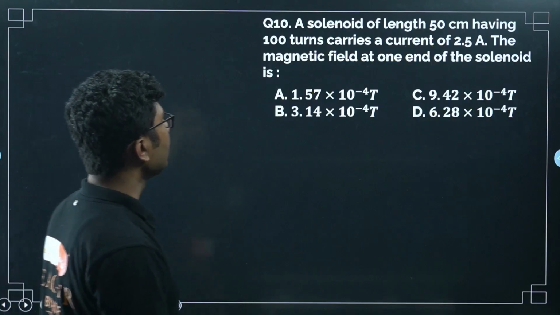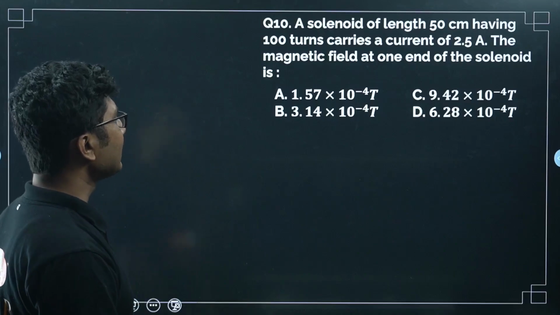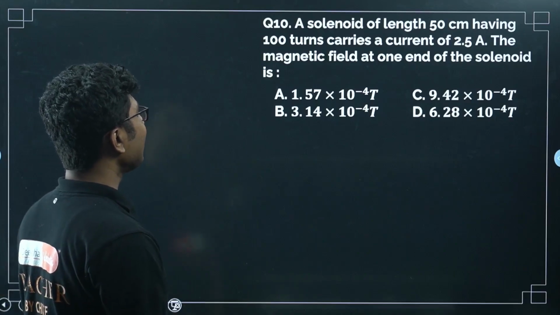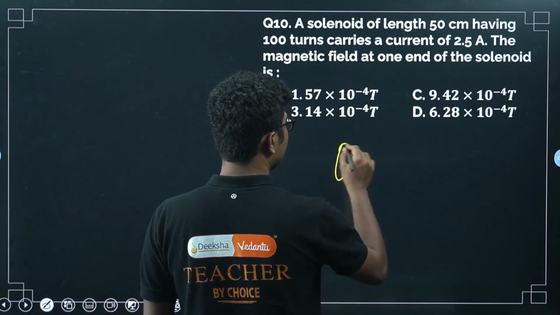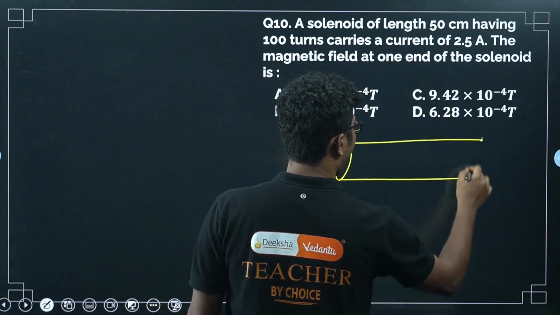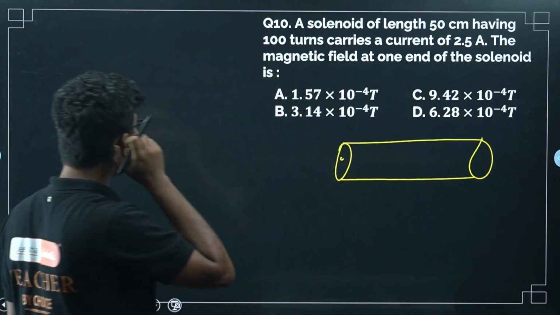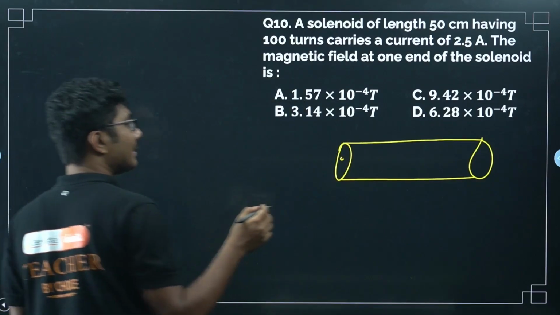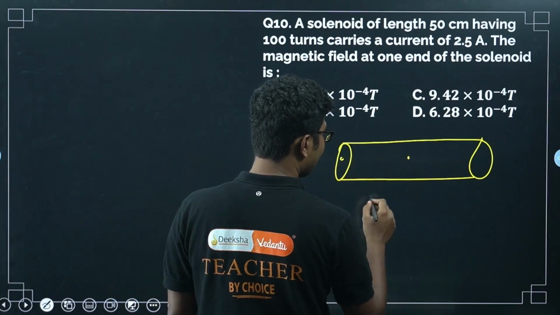Now, a solenoid of length 50 centimeter having 100 turns carries a current 2.5 ampere. The magnetic field at one end of the solenoid. So what is the thing? I told you, when you are calculating at one end, whatever is in the middle, it should be half of that. So what is the magnetic field at the middle?